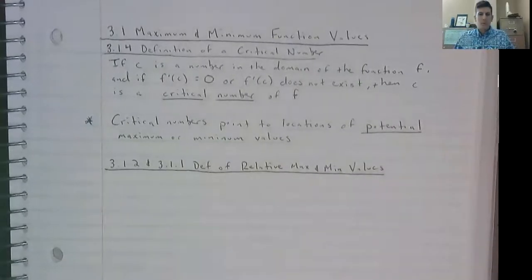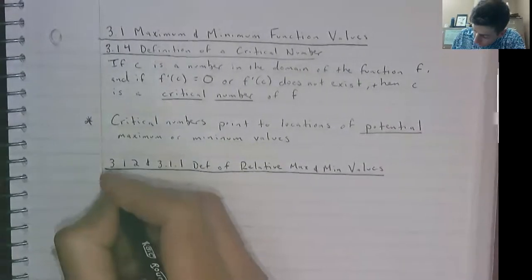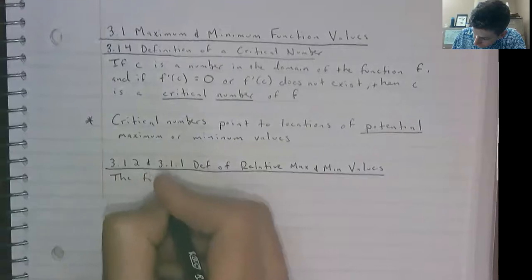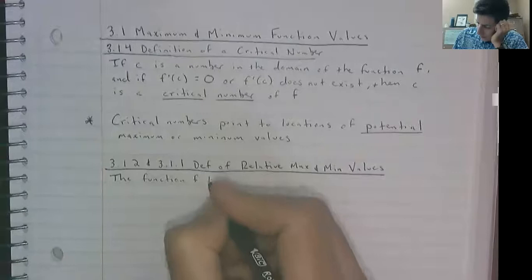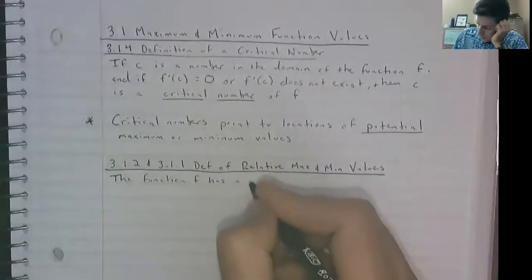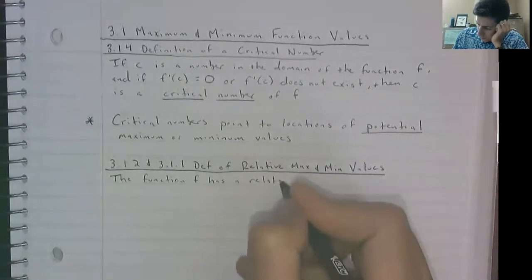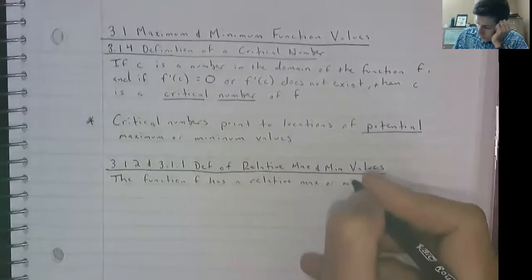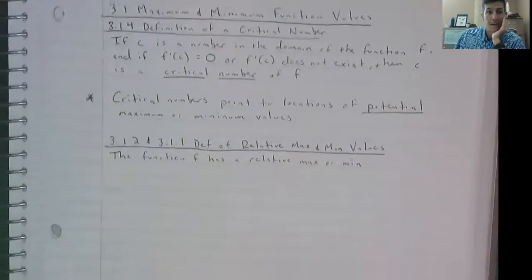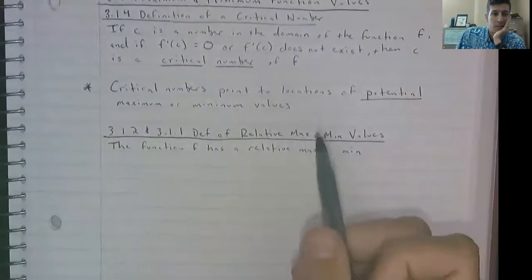Okay, so the function f has a relative max or min. We're going to define these both at once because they're literally identical except for the last line.